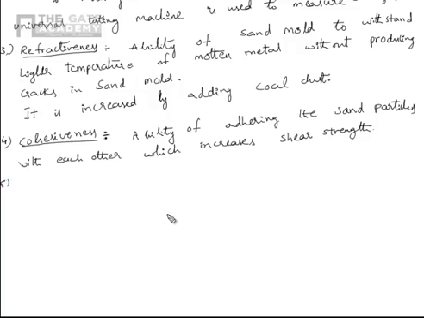Next property is adhesiveness. Cohesiveness is the attractive force between the same type of particles or molecules. Here, the adhesive property is also an attractive property, but between different molecules.